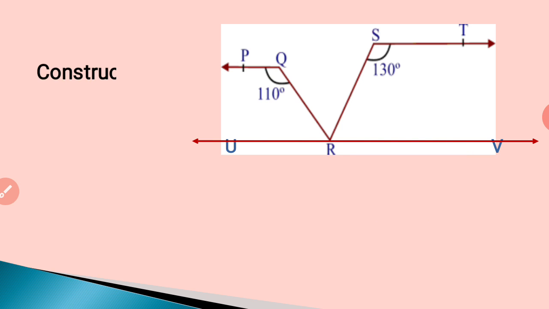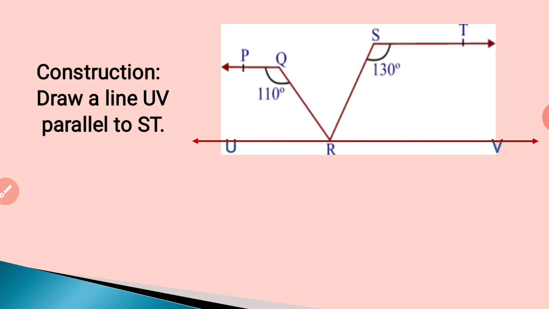Now that is the figure. Our construction tells us that the line UV is parallel to ST. We always make the construction a line which is parallel to only one of the given lines. Now let us focus on angles TSR and SRV.